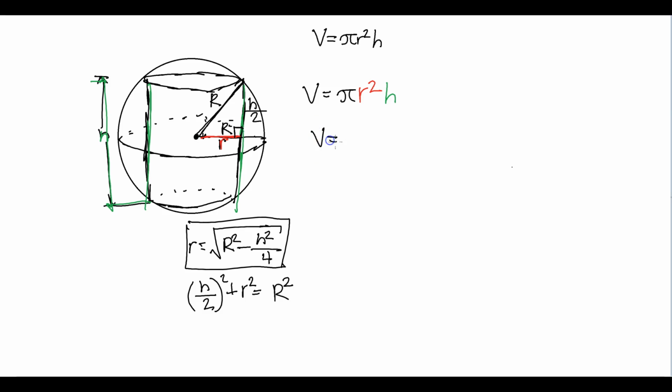So we get V equals pi times (R squared minus h squared over 4) times h. And we can distribute. So we have pi h R squared minus pi h cubed over 4.